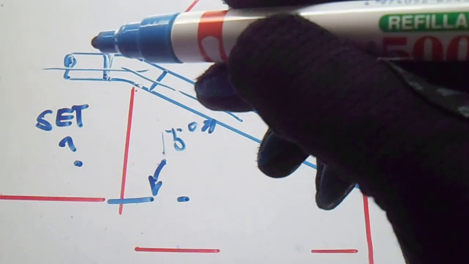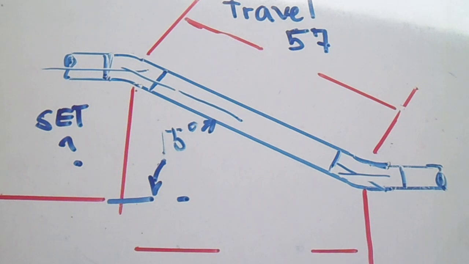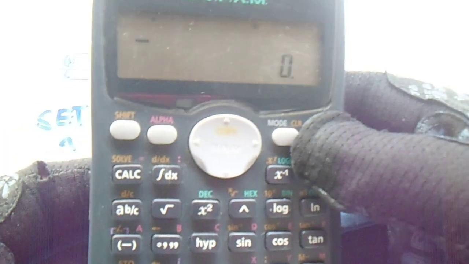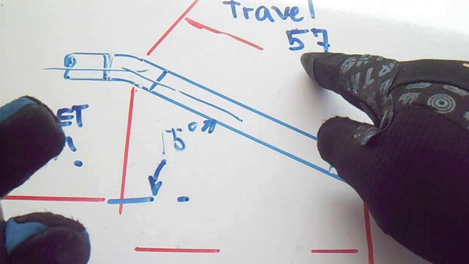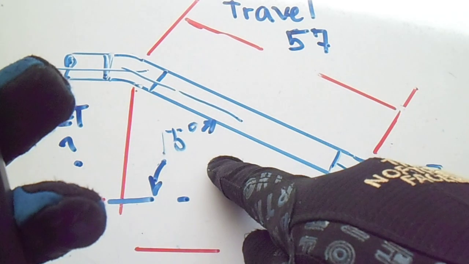We will find this set, so this is the question mark. Using this calculator, we will compute it. This 57 in the travel and 15 degrees.